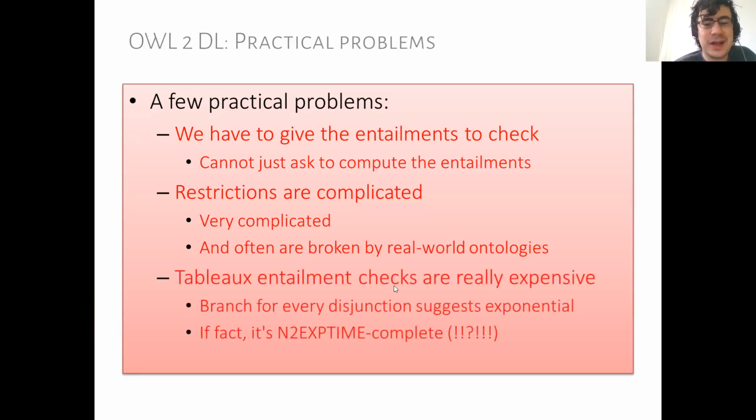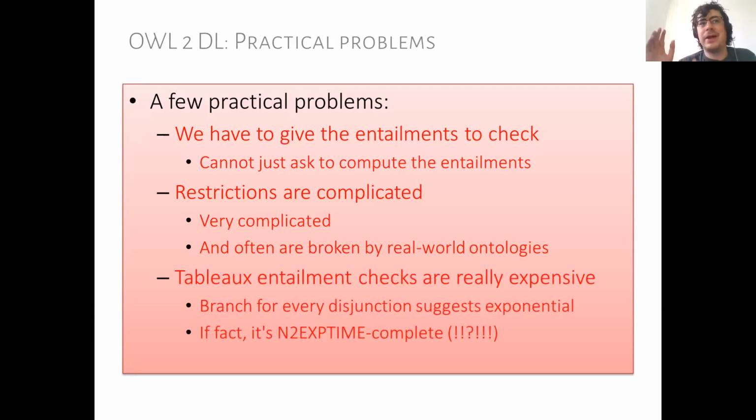And Tableau entailment checks are really expensive in theory, in the worst case. So branching for every disjunction, if you imagine all these branches: is Vincent criminal or lawful? So let's say we had 4 people and we know that each of them is criminal or lawful, right? That creates 2 to the power of 4 possibilities, an exponential number of possibilities, where each one of the 4 people is either criminal or lawful.